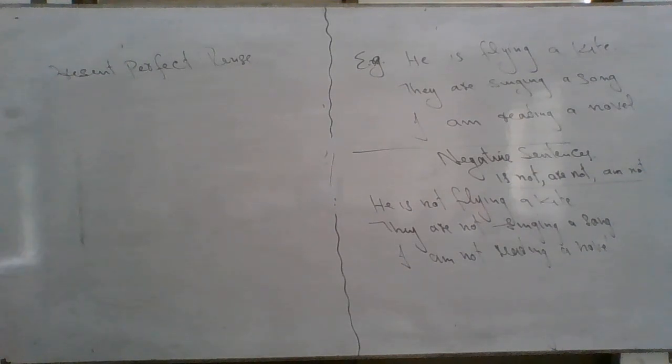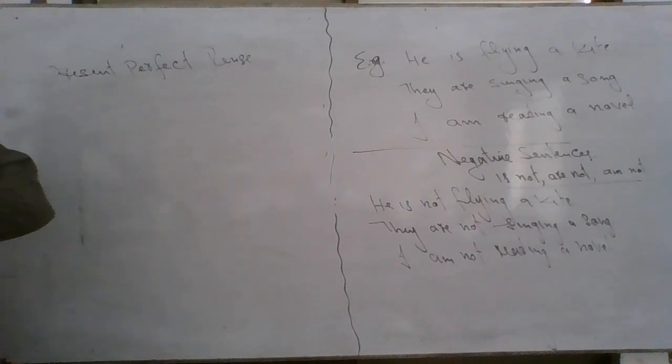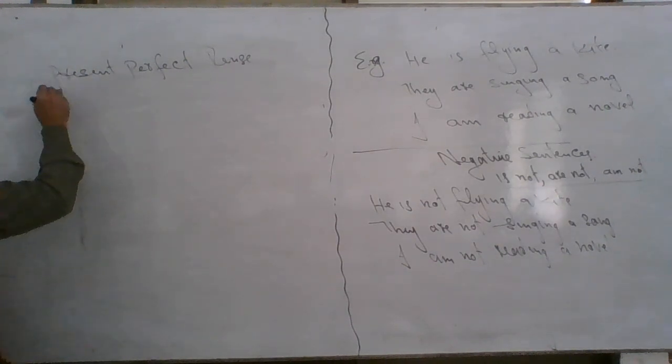In the near past. And for the farthest past, we use past perfect tense. Past perfect is started in the past and ended in the past also. That is another tense, but we are doing easy and simple things.